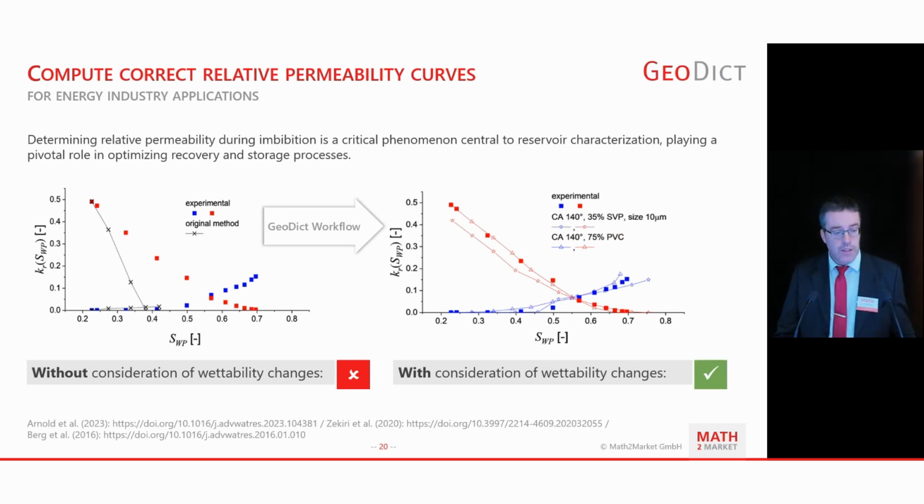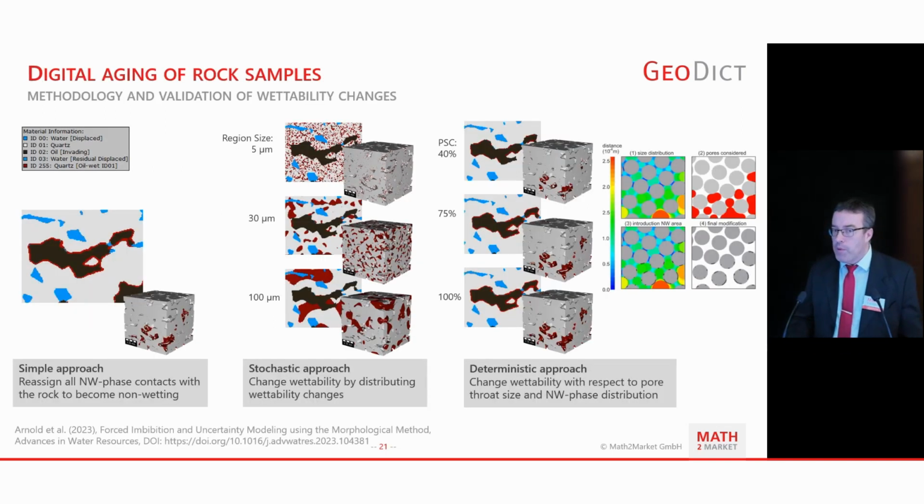Now, how would the digital aging be done? What I mentioned is behind this GeoApp, there are actually 3 different approaches. It can just be a simple one, reassigning all non-wetting phase contacts with the rock to become actually non-wetting.